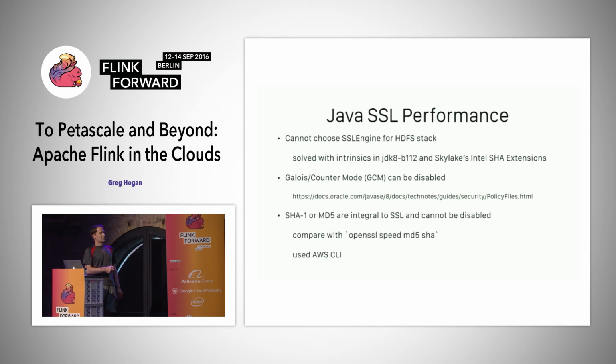I tried to get rid of the SSL, but they don't let you do that. So the end result was to just use the Python CLI, which uses C and C++ OpenSSL libraries and is very fast. This is solved in the beta version of Java, and if you have a new Skylake processor, but the cloud probably won't get that for a few years.